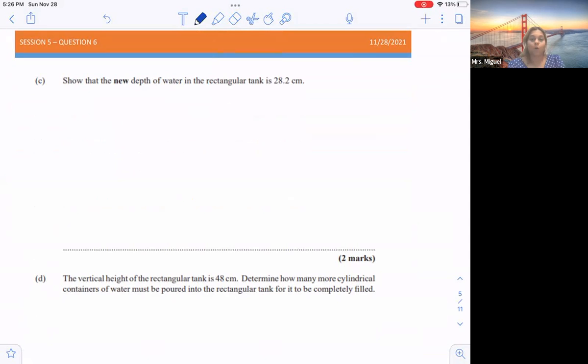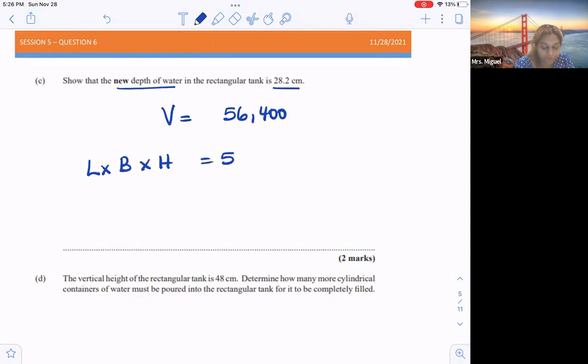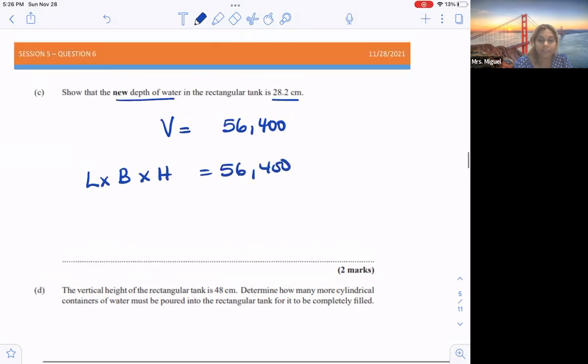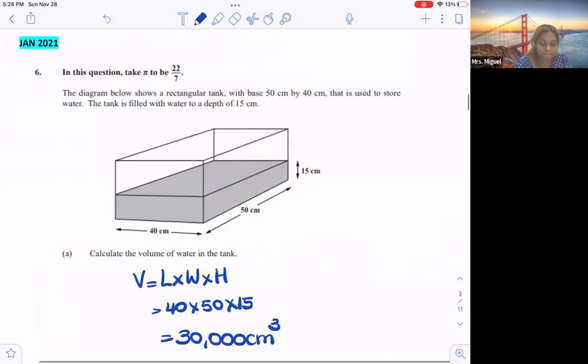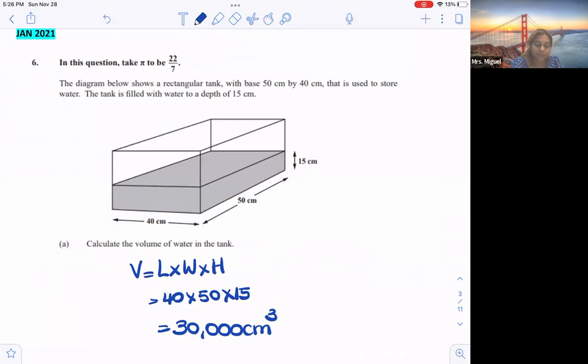So now volume is equal to 56,400. Show that the new depth, which is the height, right? So length by breadth by height is equal to 56,400. Let's go back to the fish tank. The height is what is changing. This stays the same and this stays the same, right? The 50 and the 40 stay.